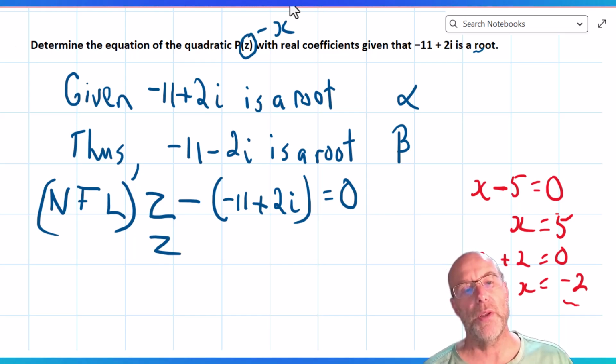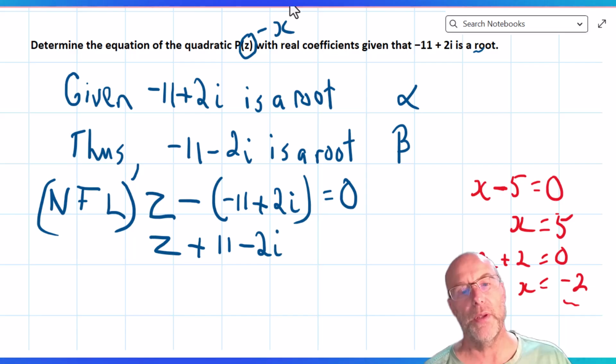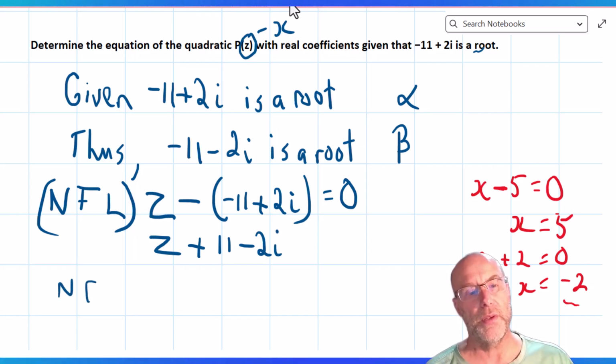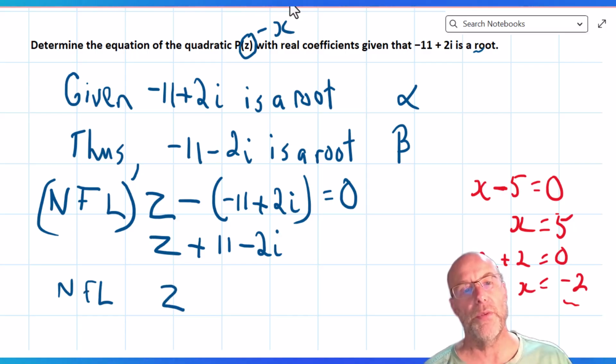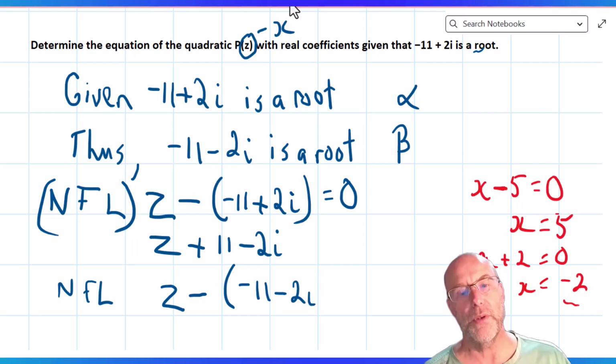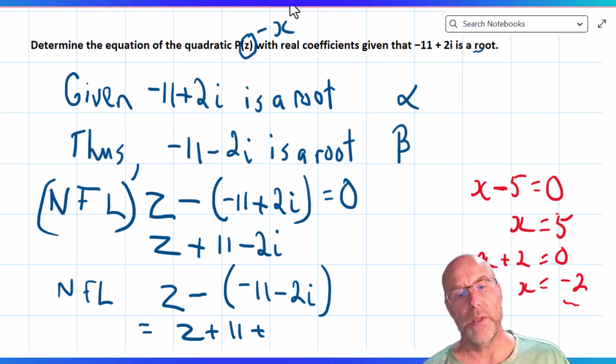We could write that as z plus 11 minus 2i. Likewise, using the null factor law, for beta we have z minus negative 11 minus 2i, which you could write as z plus 11 plus 2i.